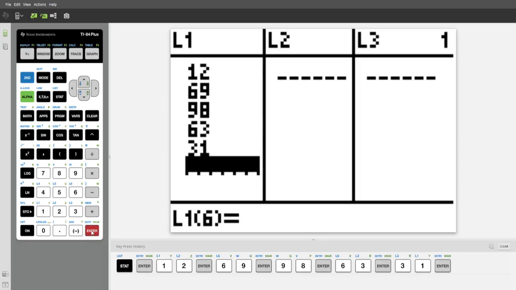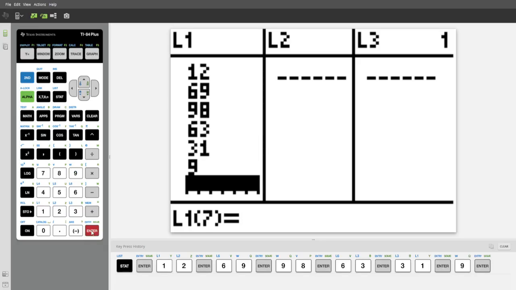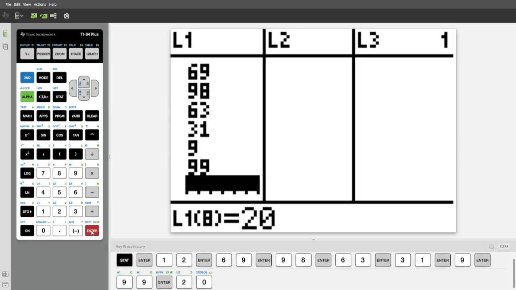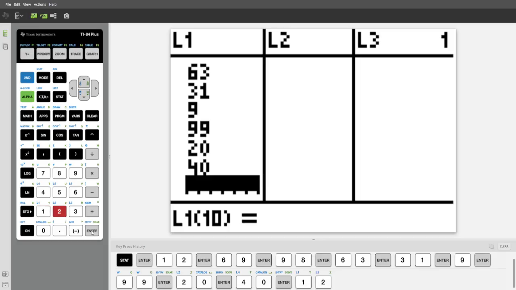Now, when you enter your numbers, it is very important that you not miss one. If you miss one, your calculations are not going to come out right.